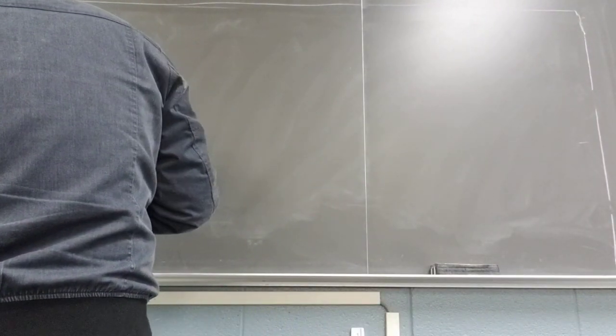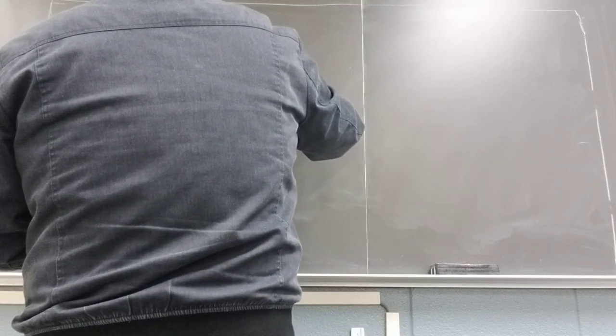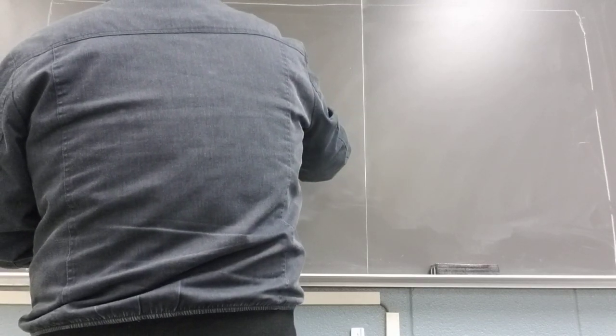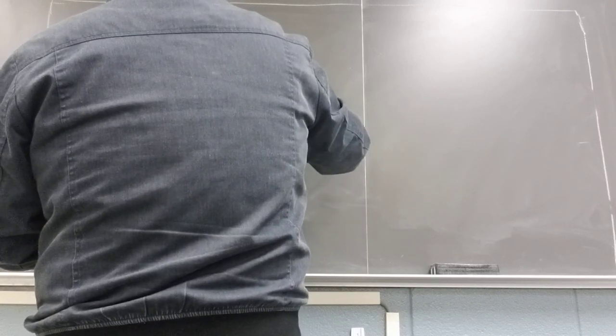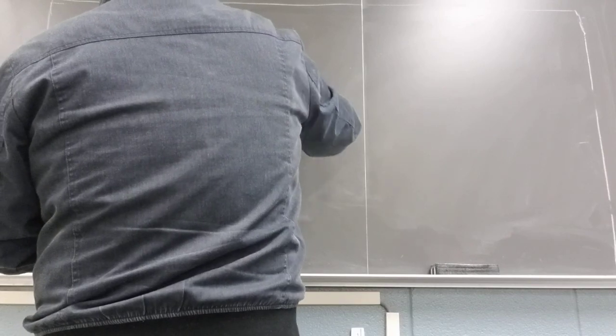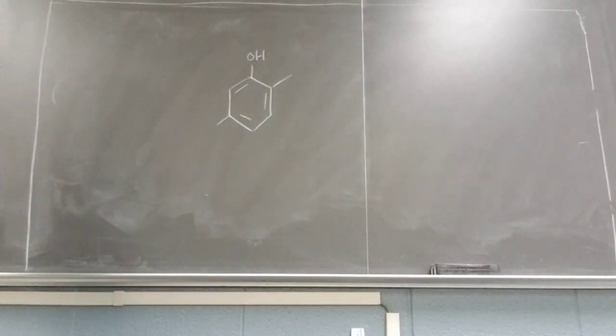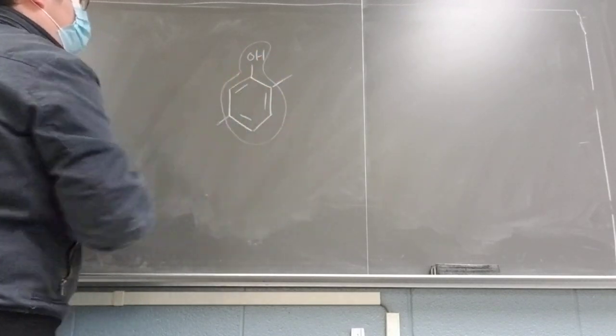All right. So next one. Oh, this is a good one to try. So can you guys name this compound? And you need to think about this as your base.